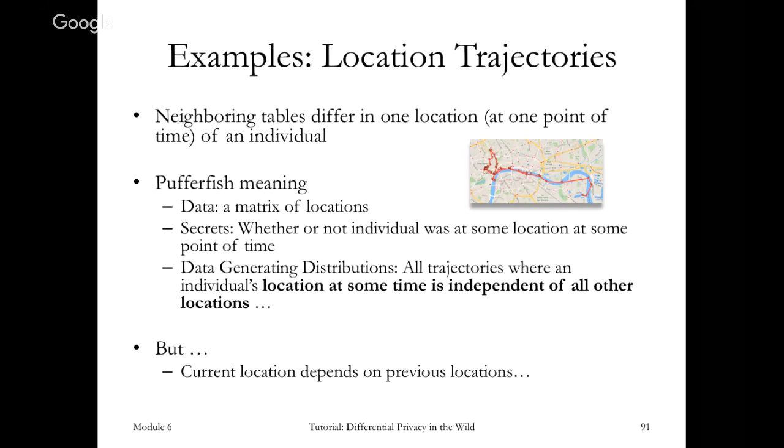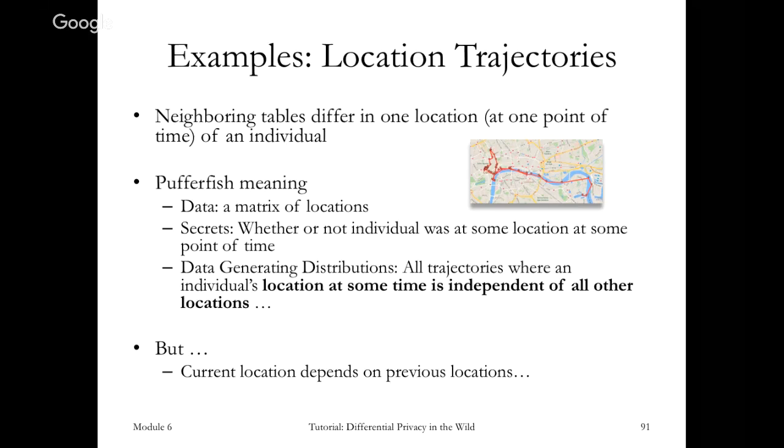Another example we saw in the previous module is location trajectories. Similarly, neighboring databases for location trajectories can be defined as differing in one location at a particular time of an individual.